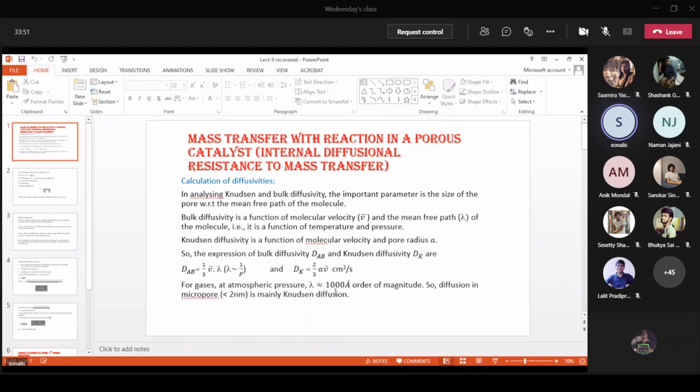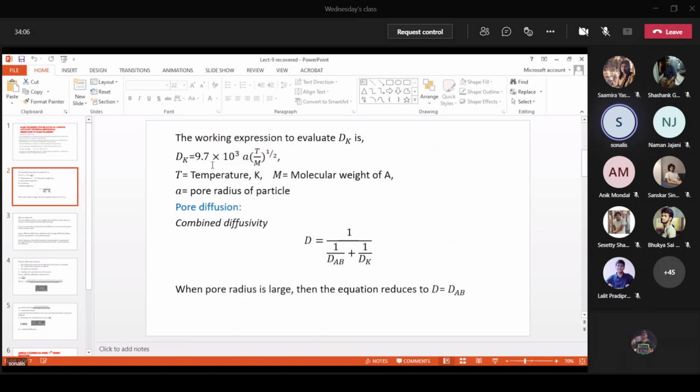If the solid catalyst has very thin pores, then the diffusion within those thin pores will become Knudsen diffusion.